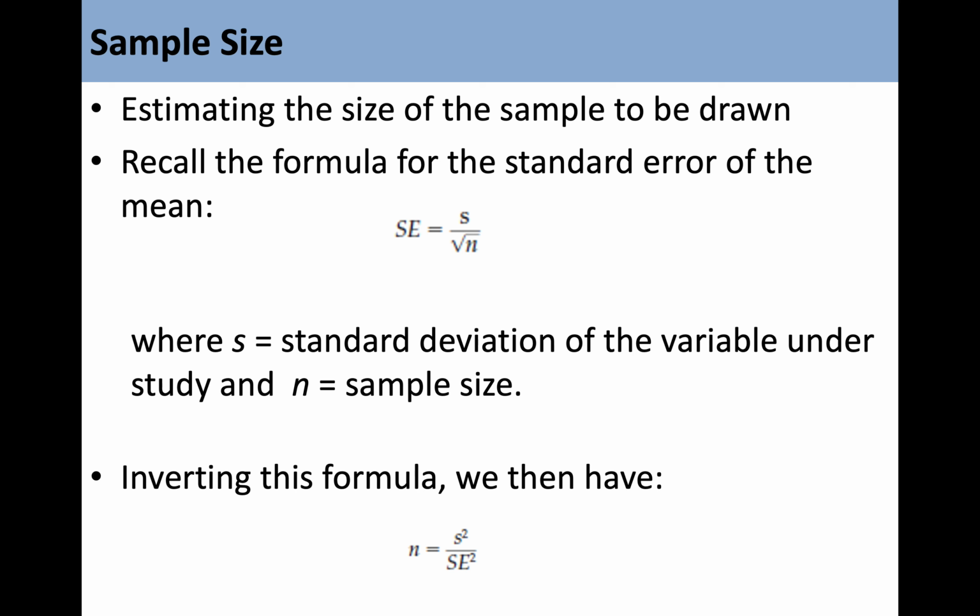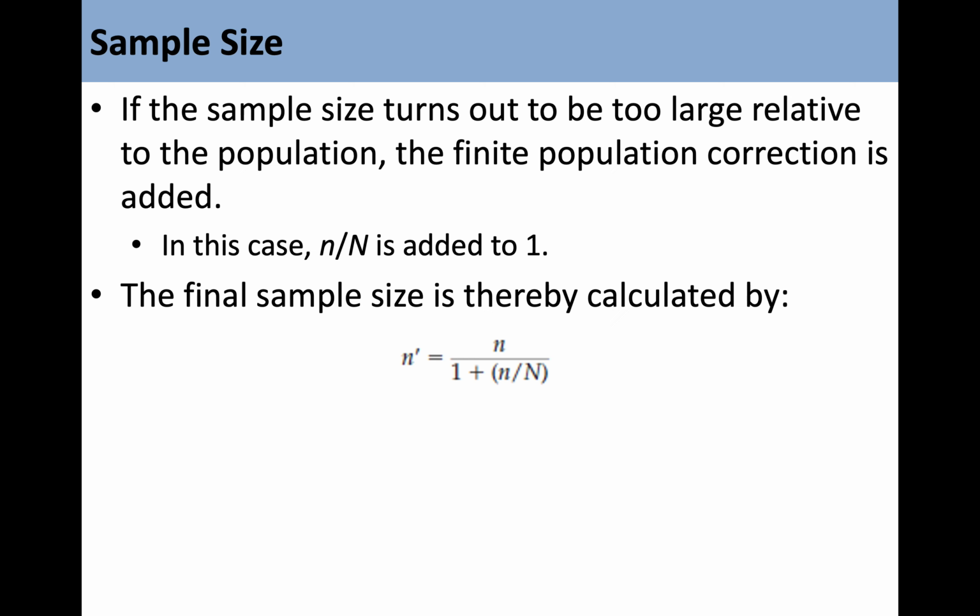Estimating the size of the sample to be drawn: recall the formula for the standard error of the mean. Standard error equals S over the square root of n, where S is the standard deviation of the variable under study, and n is the sample size. Inverting this formula, we then have n equals S squared over the standard error squared.